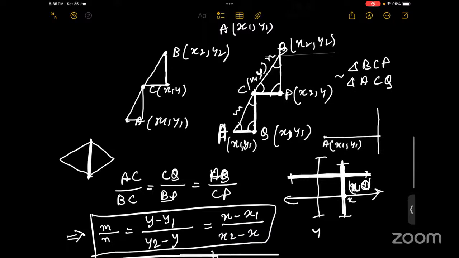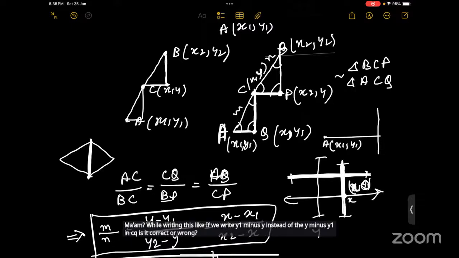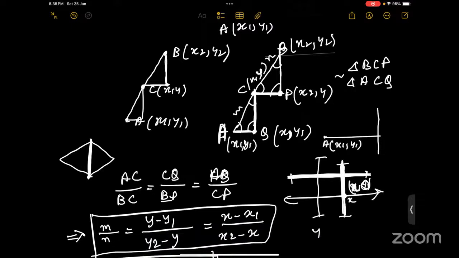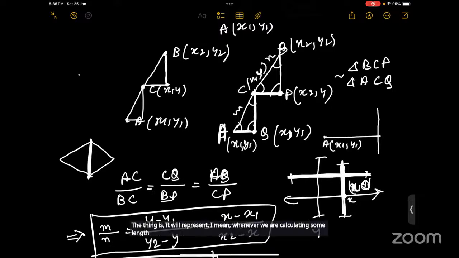Ma'am, while writing this, if we write y1 minus y instead of y minus y1 in CQ, is it correct or wrong? Whenever we are calculating some length, we always use a modulus.